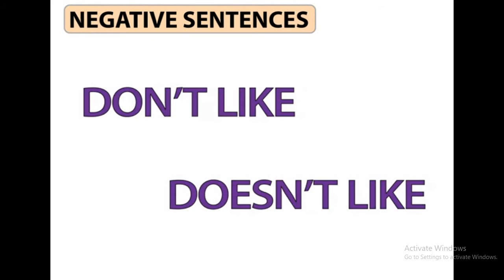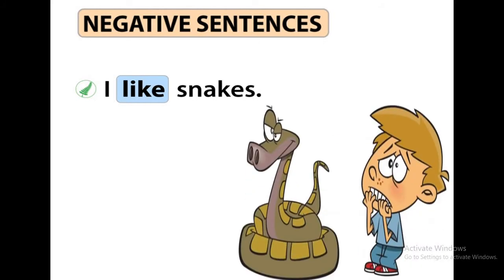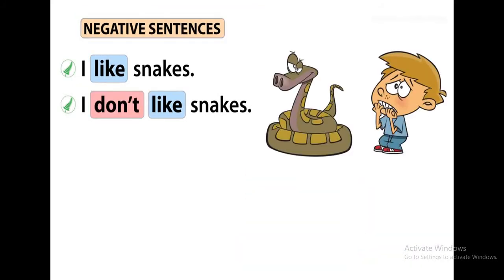Negative sentences with like. Look at this sentence. I like snakes. Yes, I work at a zoo and I like snakes. This is an affirmative sentence, but how can we make this a negative sentence? I don't like snakes.